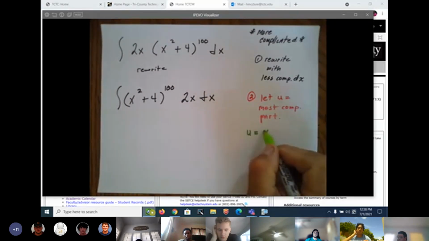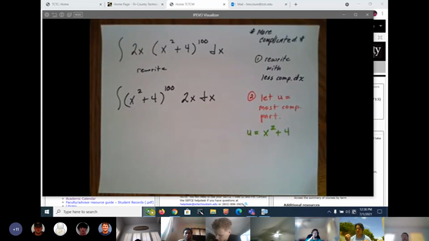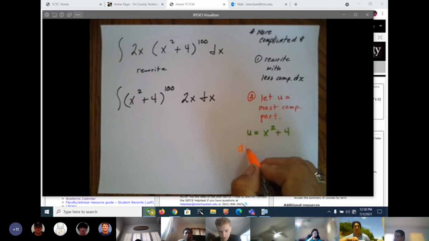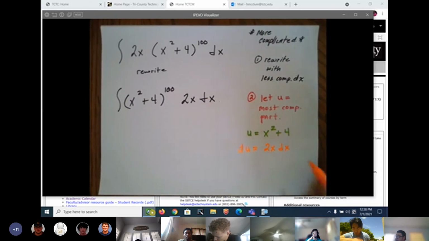u equals x squared plus 4. And then I'm going to take the derivative of that. du is equal to 2x dx. Where do we see 2x dx?